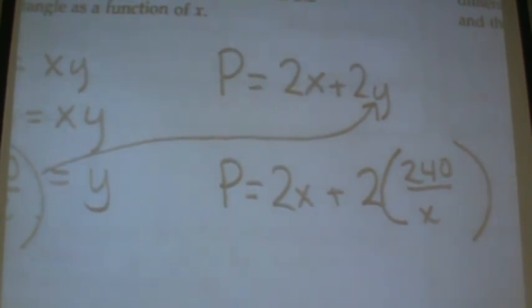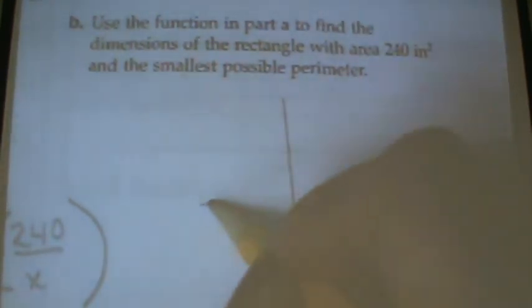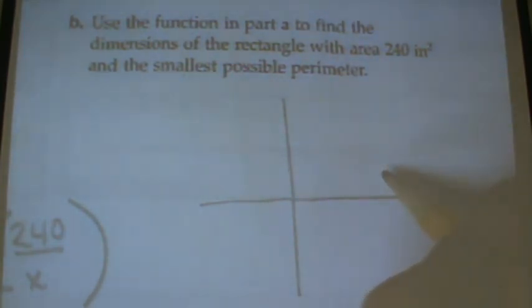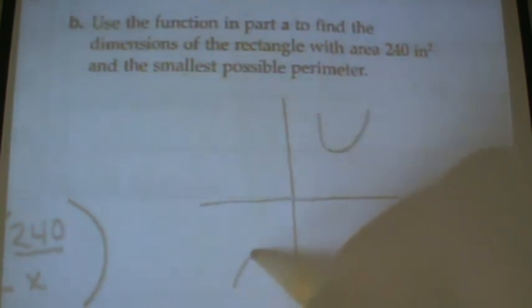Now type this formula in your calculator. And you want the smallest possible perimeter. So what do you think your graph is going to look like? Did you type it yet? Jeremy, did you type it in? I think you get something like this for that.